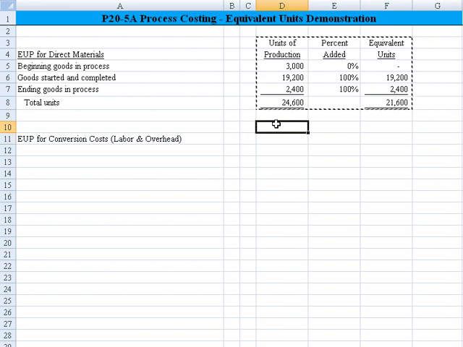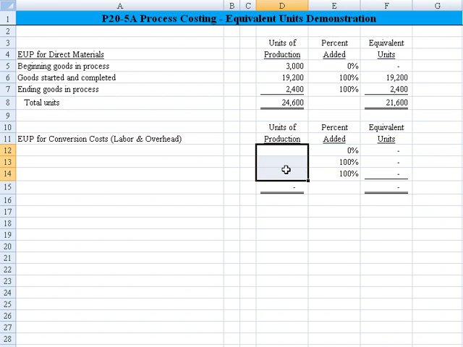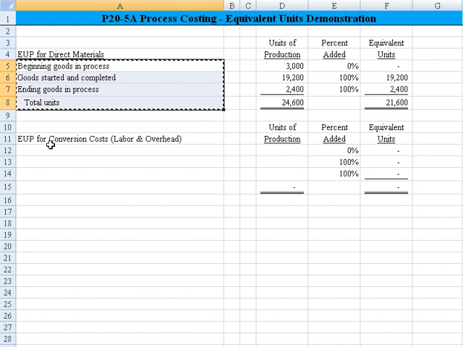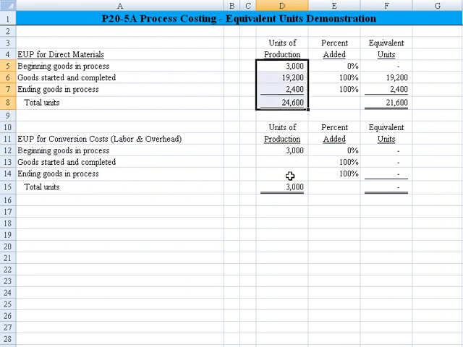So let's just start off by copying it and then delete the numbers and figure out the units. Well, the beginning goods in process is still the 3,000 units, and in fact all of these are going to be the same physical units, so these we can copy just like that.